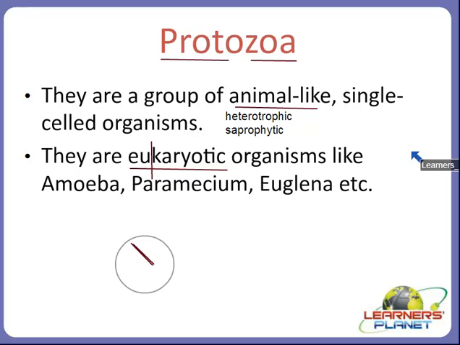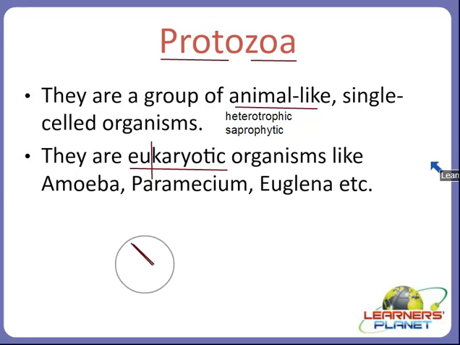Besides that, we have quoted some other examples like Plasmodium and Trypanosoma. These Plasmodium and Trypanosoma are parasitic in nature. That means they are not independently living, they are not free living organisms. Rather, they reside inside the host body.